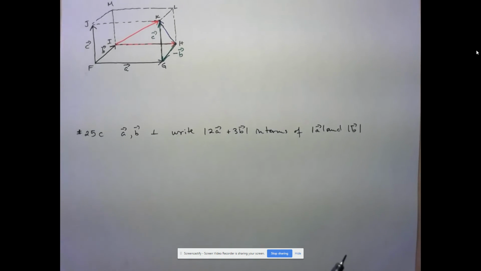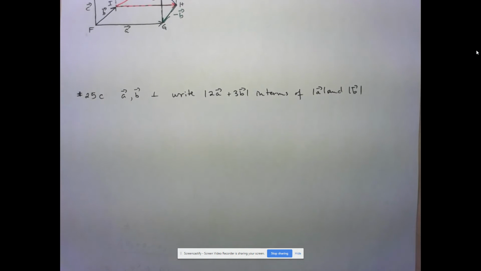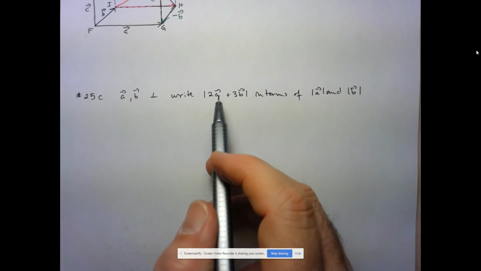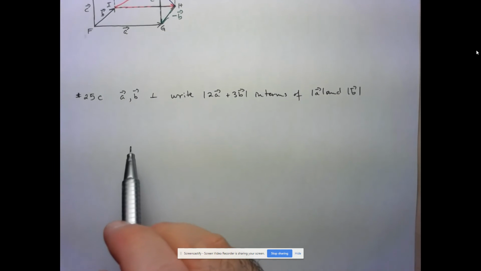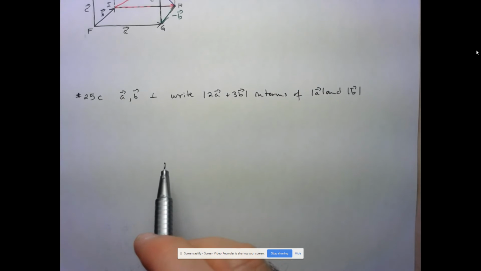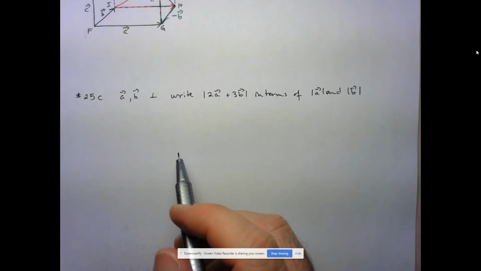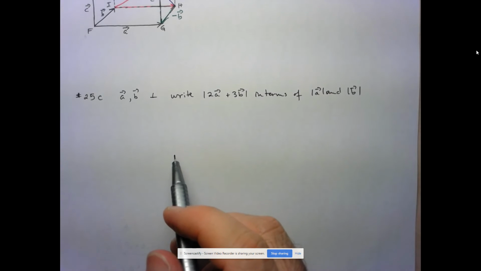So let's take a look at 25C. They don't give us much information here, but they do tell us that the vectors A and B are perpendicular. And they want us to write the magnitude of this combination of A and B in terms of the individual magnitudes. So I'm going to draw a diagram here to help me out.